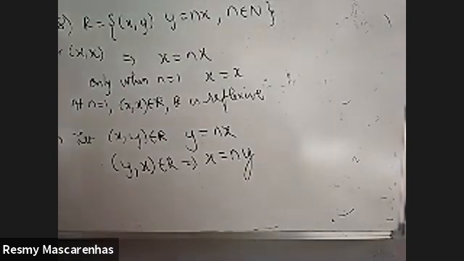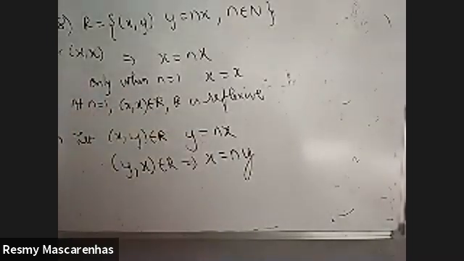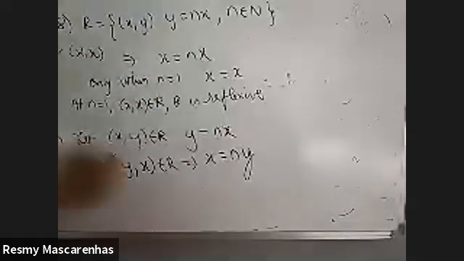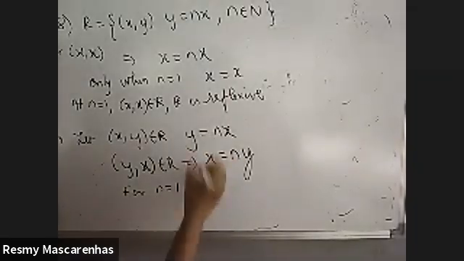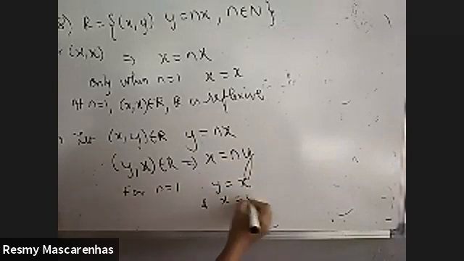In both the equations should turn out to be same. When will it again turn out to be the same? Only when n is equal to 1. When you put n is equal to 1, y is equal to x, and x is equal to y, then it is turning out to be same.